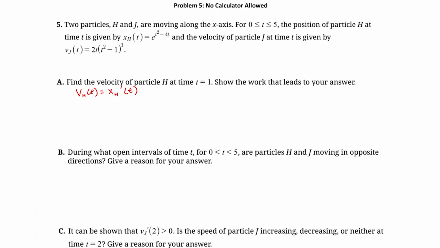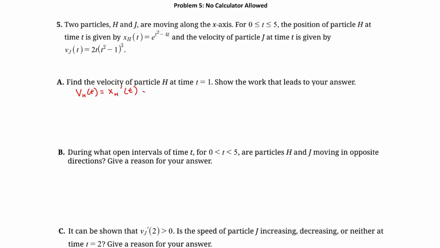So make sure anytime you're answering any of these particle motion questions, that if they give you either position, velocity, or acceleration, and they're asking about one of the other ones, that you always make that connection with velocity being the derivative of position, or let's say it was asking for acceleration. Acceleration is the derivative of velocity or the second derivative of position. So you have to make that connection if it's not explicitly stated.